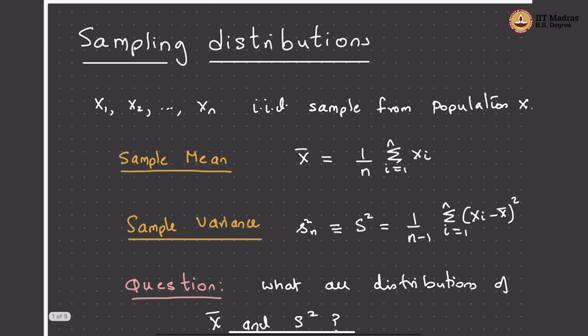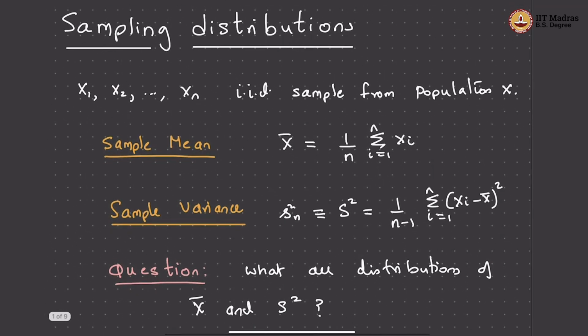Typically one cannot say anything because X can be very general. Then one cannot understand what X bar and S squared look like in terms of their laws. One can simulate and check, but otherwise to write an explicit form is quite hard. But there is a nice answer when the underlying population is normal.